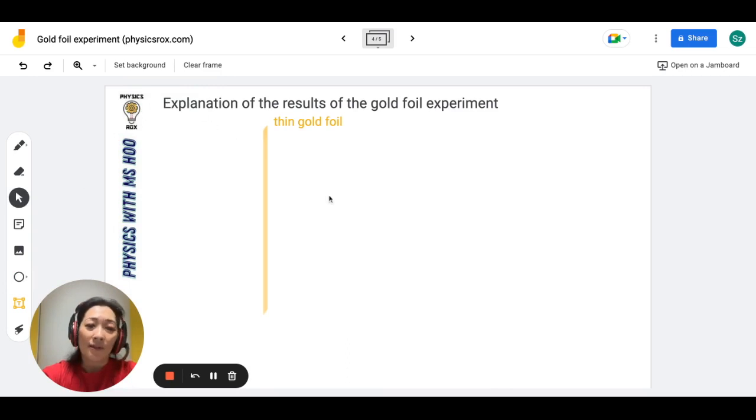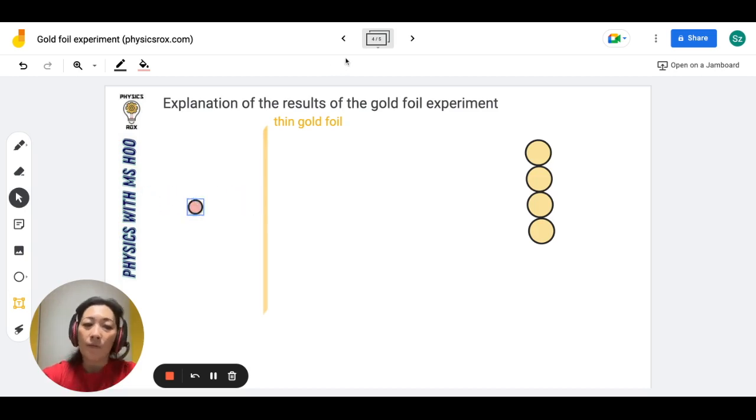Whether that's possible or not, that's the aim. I'm going to draw on the side here to show you at an atomic level what's happening. Let's say these yellow circles are representing the gold atoms. Now the alpha particle, which I'll do in red here, is being shot towards the gold foil.